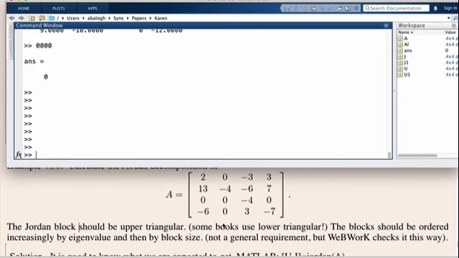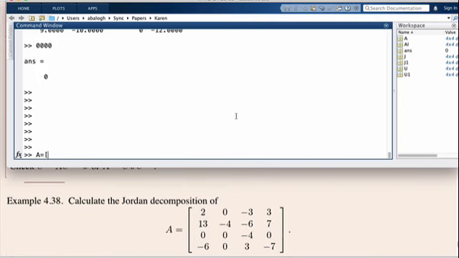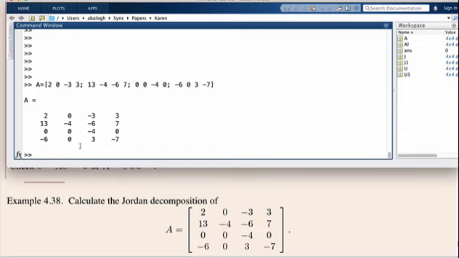So let me enter A. Make sure that you enter it correctly.